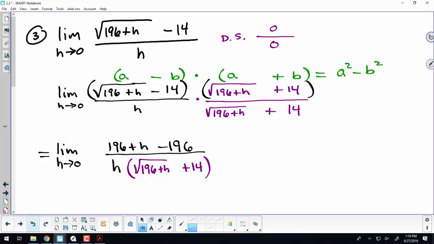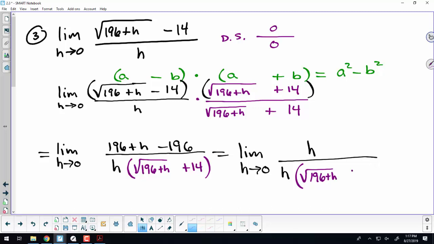Okay, let's combine up top, and then we see that our 196s are canceling out. So we just have an h up top over this h times our root 196 plus h plus 14. Okay, now the issue of dividing through by h approaching 0 really in the bottom is getting canceled out here.